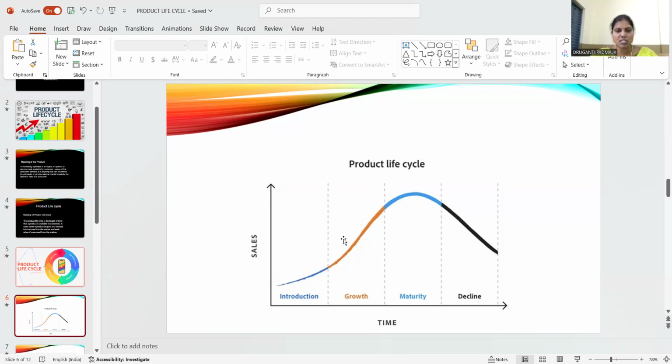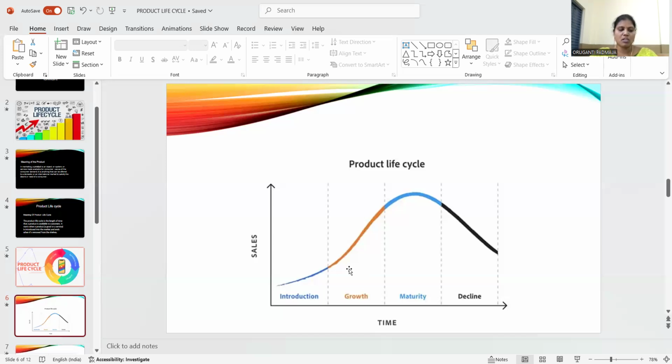The second one is growth. Sales increase rapidly as the product gains market acceptance, profits rise, and competition may enter the market. The third one is maturity. Sales growth slows, the market becomes saturated, and competition intensifies.